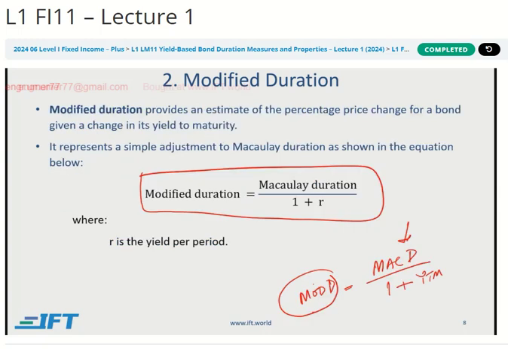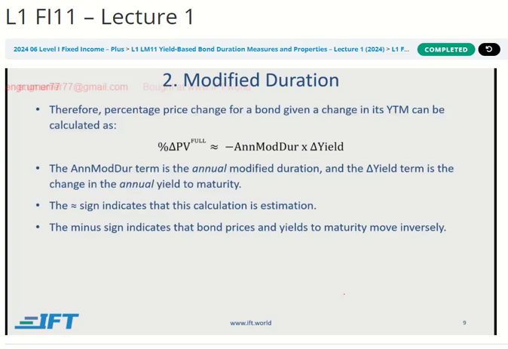So what does that mean? Once you calculate the mod D, this modified duration is going to tell you how sensitive the bond price is to a 1% change in interest rate. And of course, it is an inverse relationship, which means if the yield goes up, the bond price comes down, and if the yield goes down, the bond price goes up, hence this negative sign.